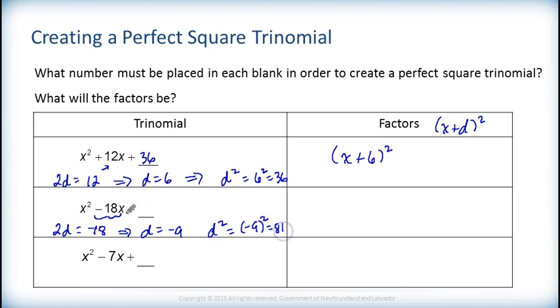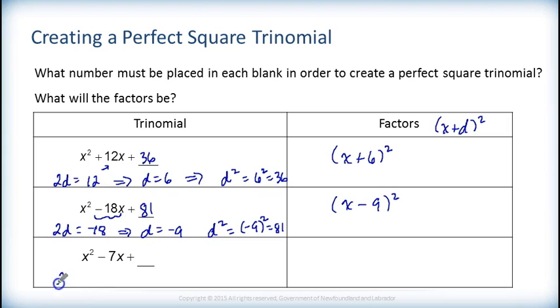So that becomes positive 81. That number at the end of a perfect square trinomial must always be positive because we're squaring to get that number. Now, our factors are of the form x plus d squared, but our d value in this case is negative 9. So it's x minus 9 squared.